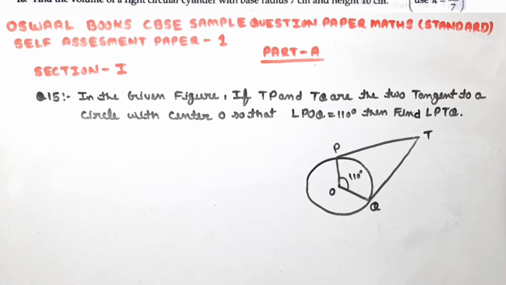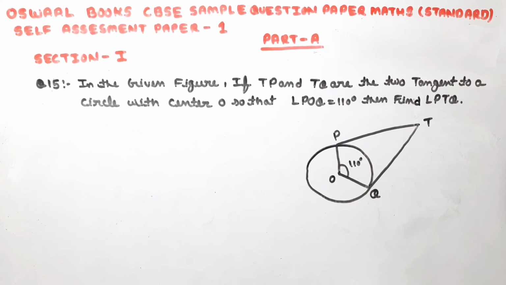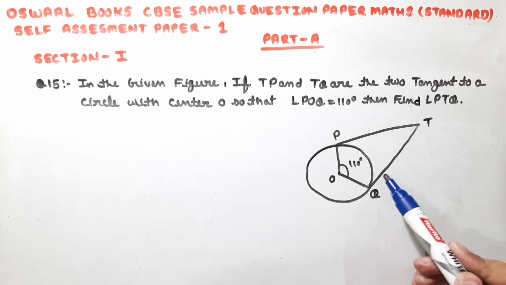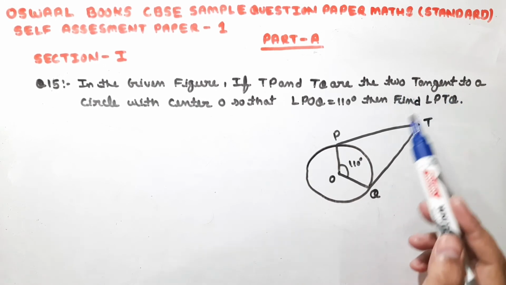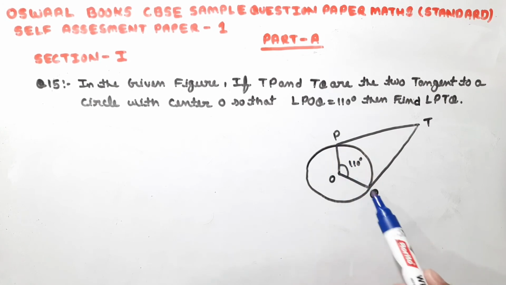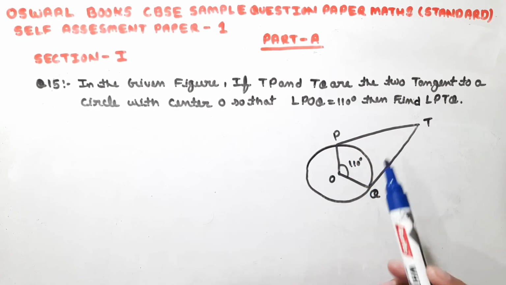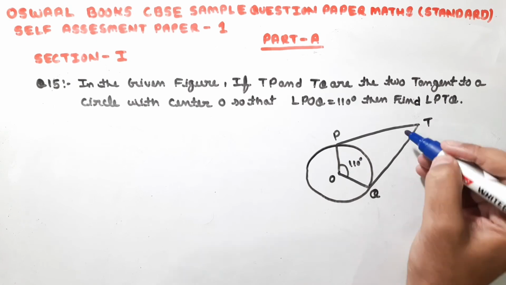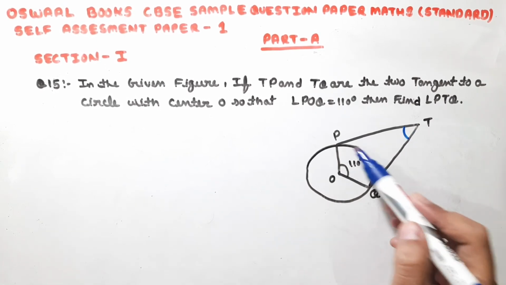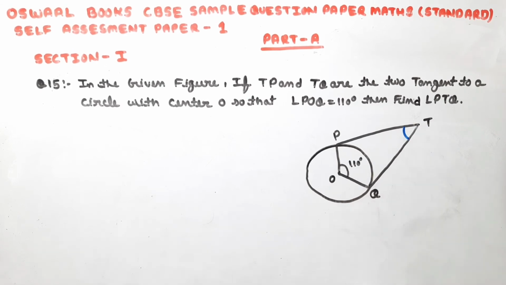Question number 15. In the given figure, if TP and TQ are two tangents to a circle with center O, so that angle POQ is 110 degrees, then find angle PTQ. In this problem, we have to find angle PTQ.